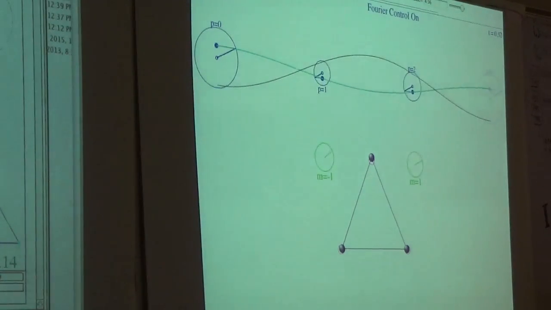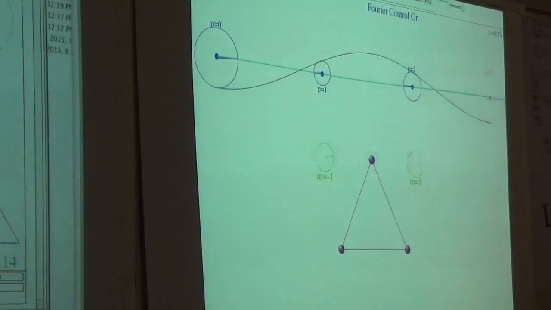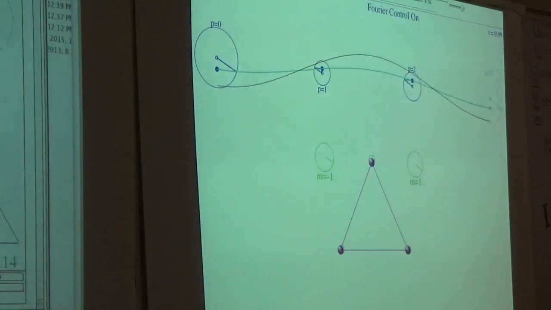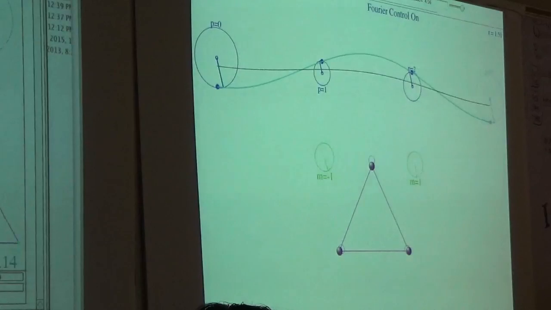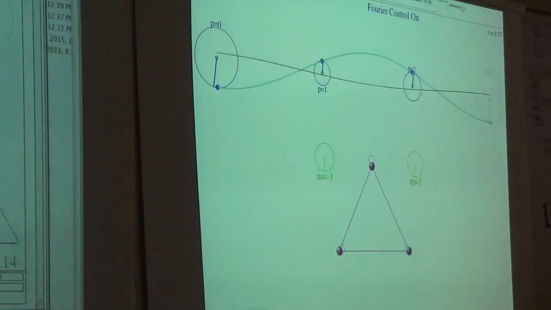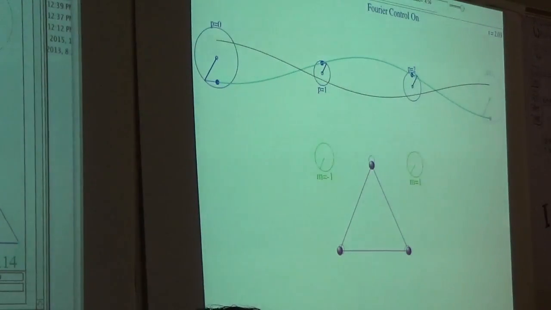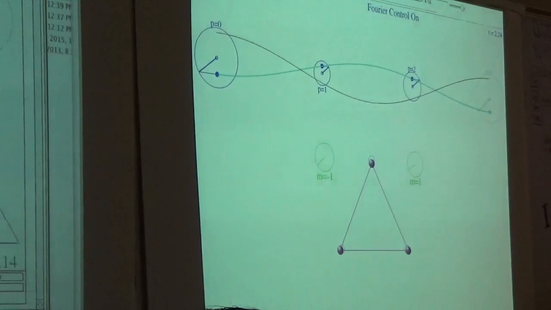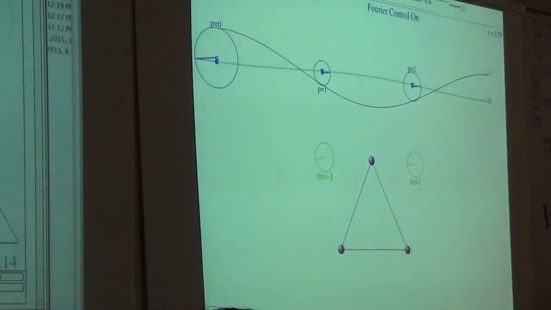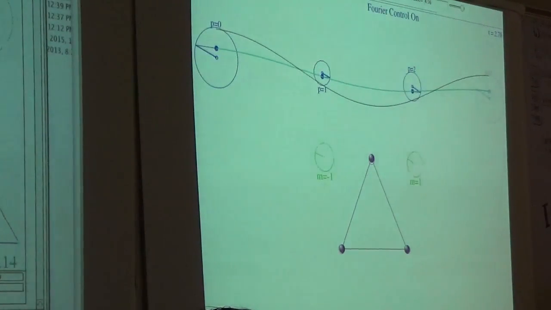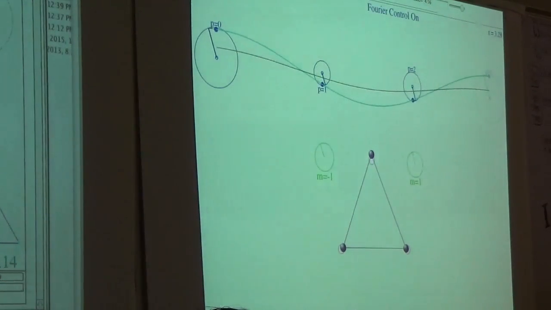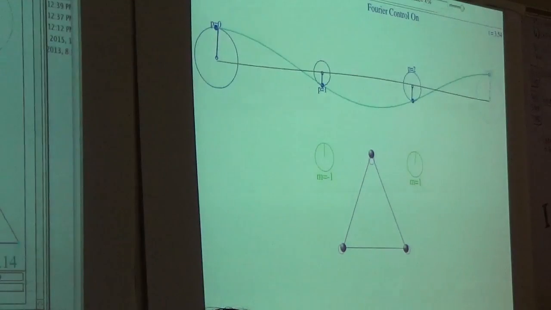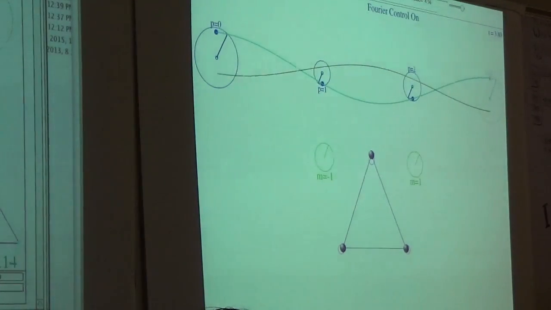So that is an animation that you can play with on your own if you click on the things that go with this. You see there is the triangle at the bottom, and the thing at the top is going twice as far as the two things at the base of the triangle. So that's sort of an inverted view of what we had in the picture on the slides.